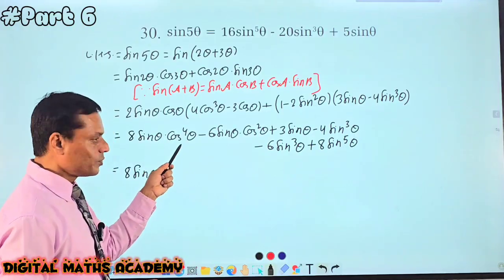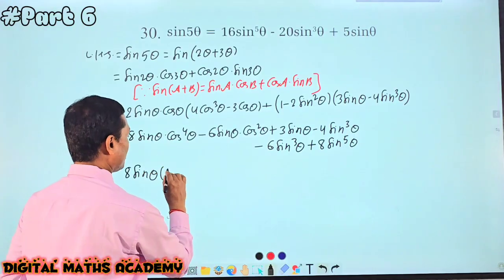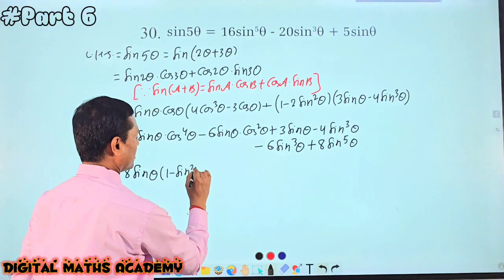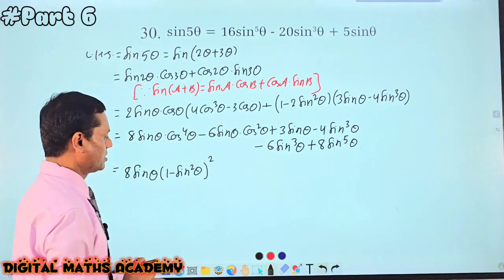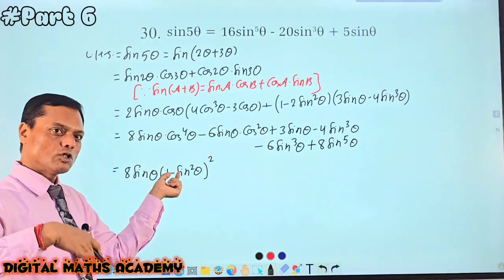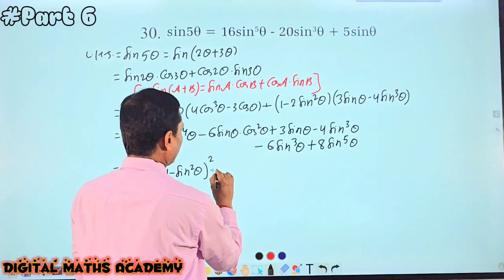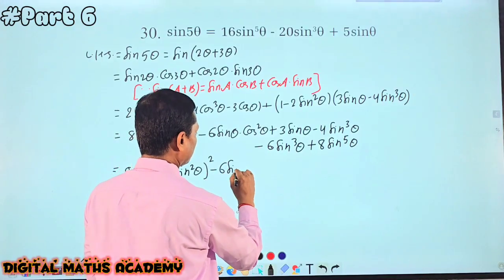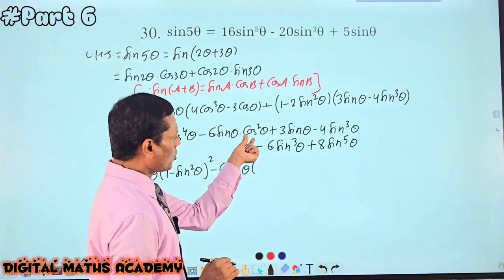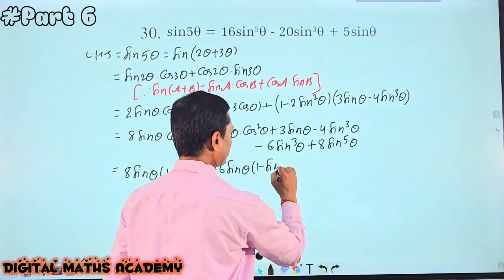So cos to the power 4 means cos square whole square. So cos square means 1 minus sin square and its whole square. See carefully, 1 minus sin square means cos square, is whole square, so cos square to the power 2 means cos 4, already balanced. Here minus 6 sin theta, and here cos square, so we can write 1 minus sin square theta.